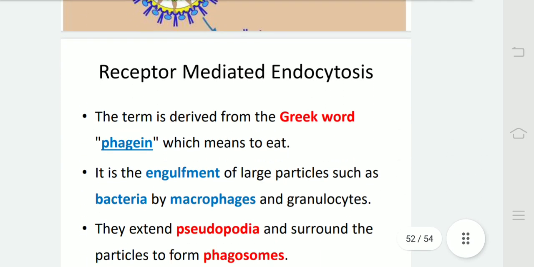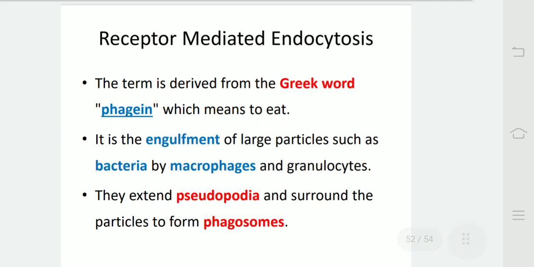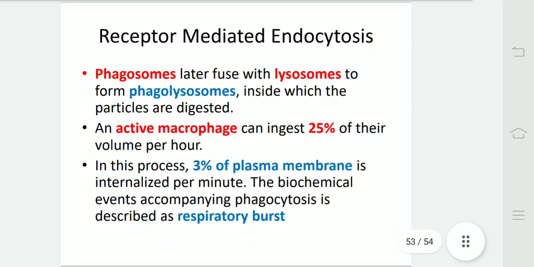Phagocytosis. The term is derived from the Greek word phagein, which means to eat. It is the engulfment of large particles such as bacteria by macrophages and granulocytes. They extend pseudopodia and surround the particles to form phagosomes. Phagosomes later fuse with lysosomes to form phagolysosomes, inside which the particles are digested.